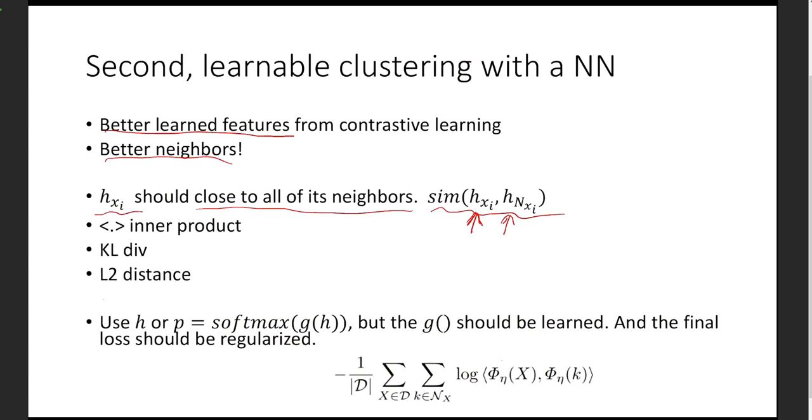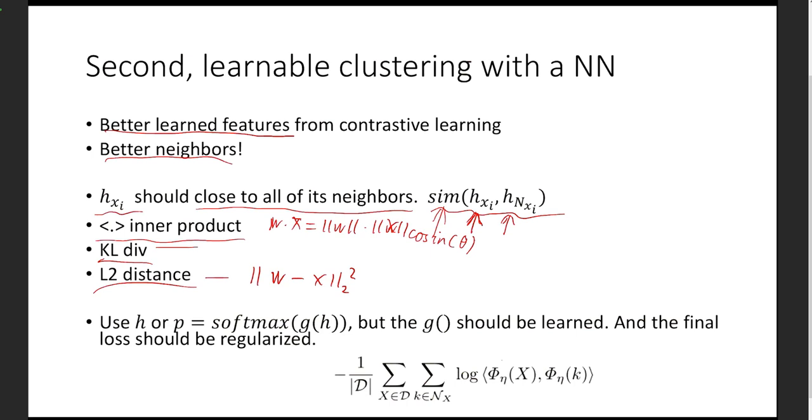For the similarity function, we can choose different metrics, for example the inner product, cosine, the KL divergence, and also the L2 distance.